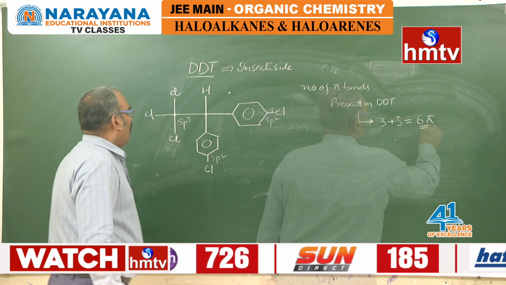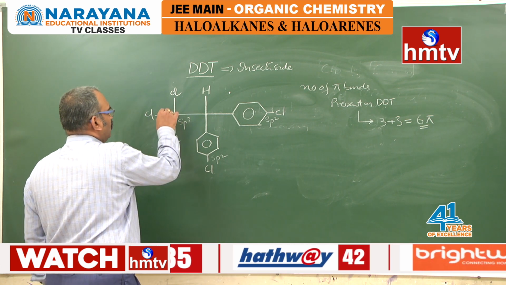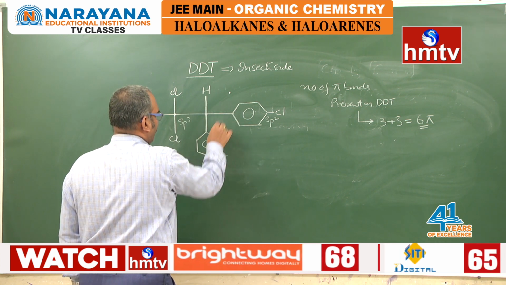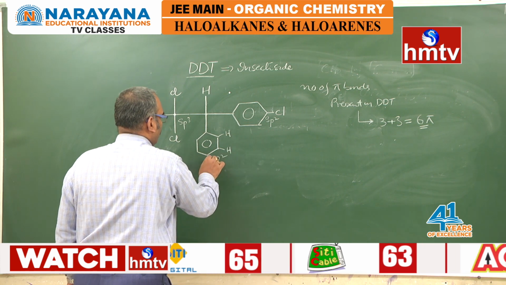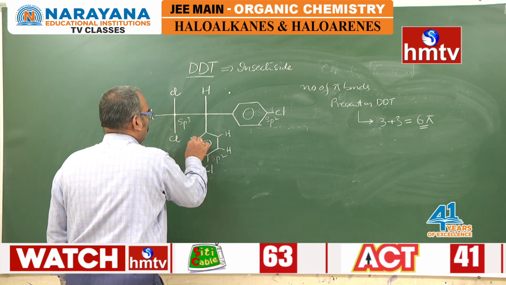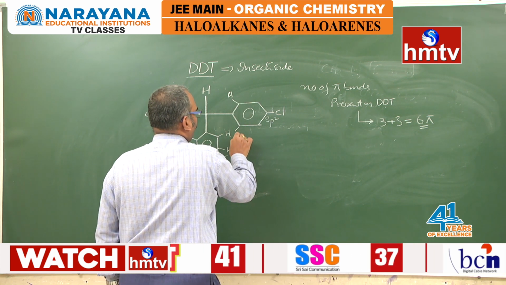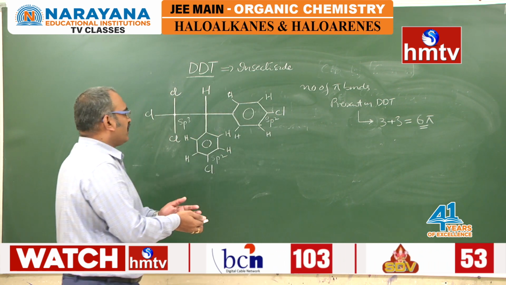How many sigma bonds are there in DDT? They can ask you. 1, 2, 3, 4, 5, 6, 7, 8, 9, 10, 11, 12, 13, 14, 15, 16, 17.